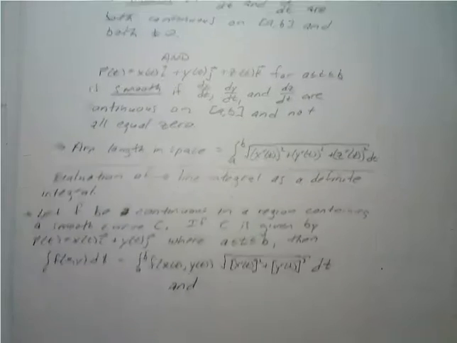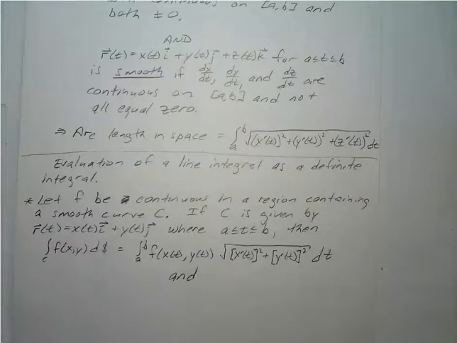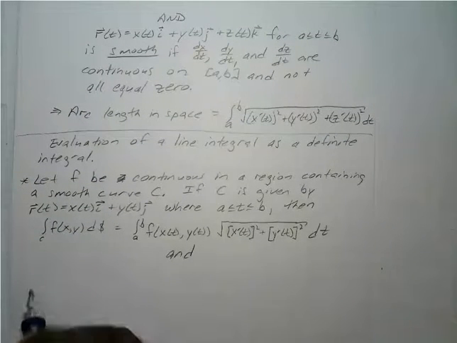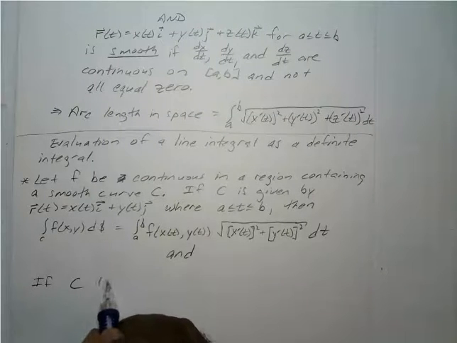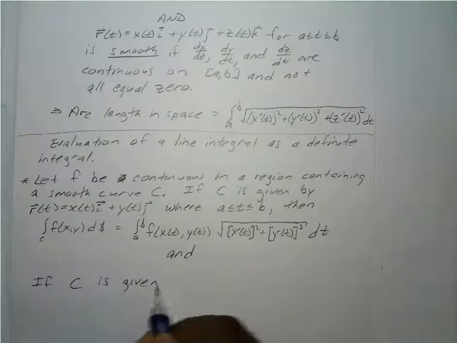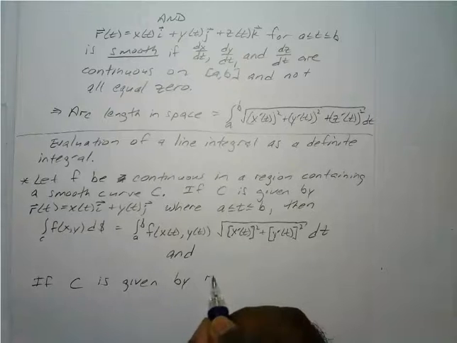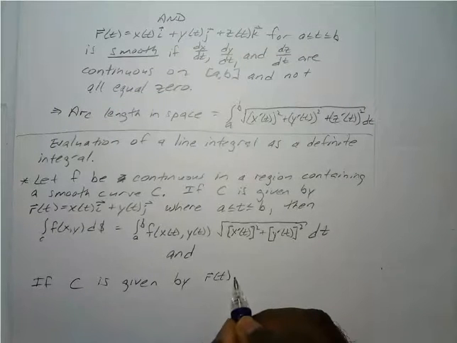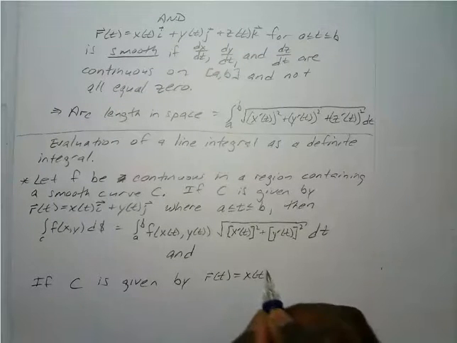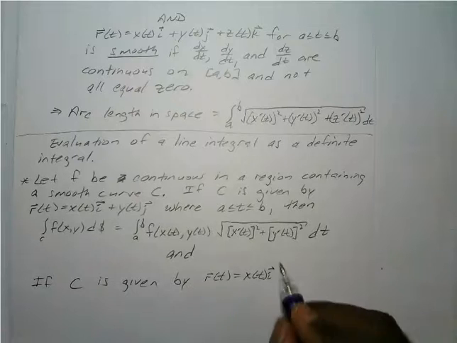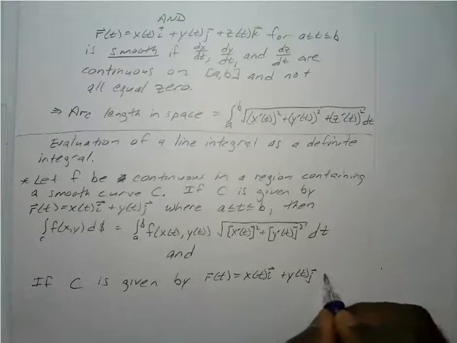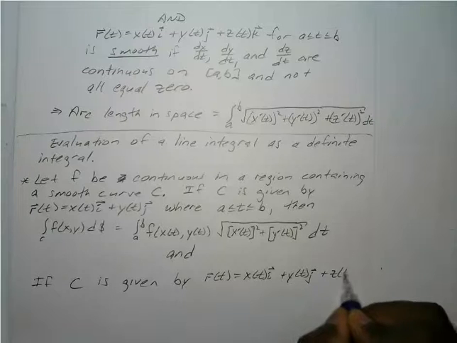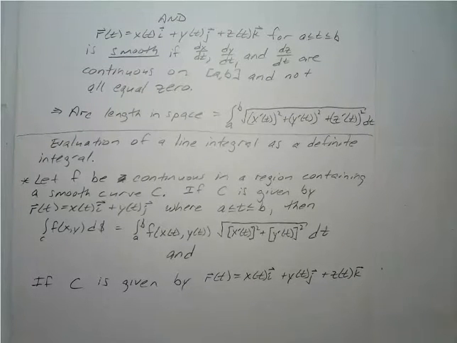Also, you have to have the 3-dimensional definition of it. Let's say your curve is given by your vector valued function in 3 dimensions, plus z of t times the k unit vector.